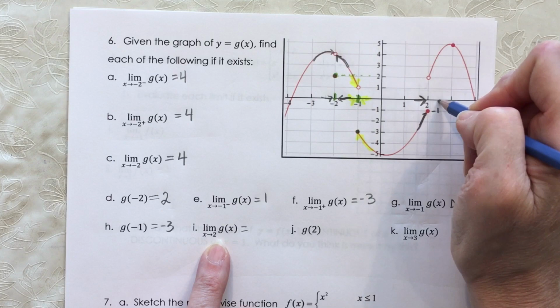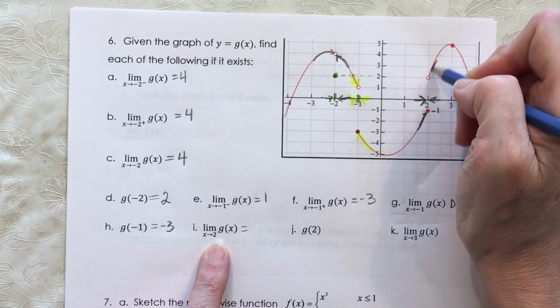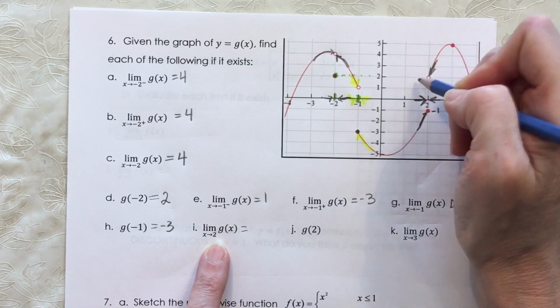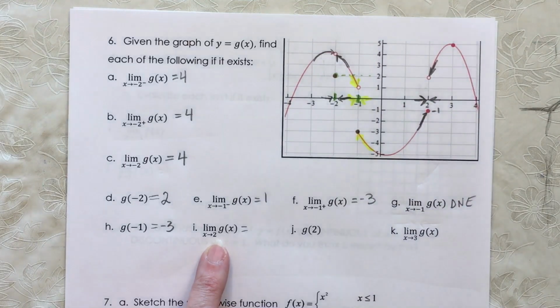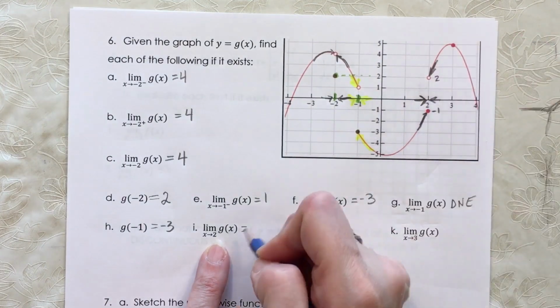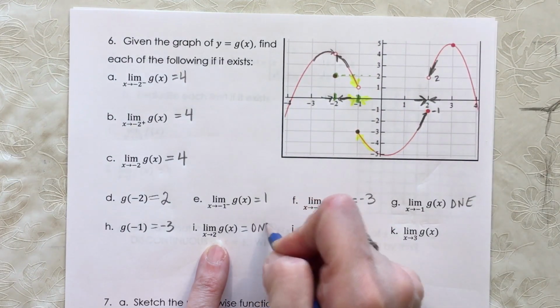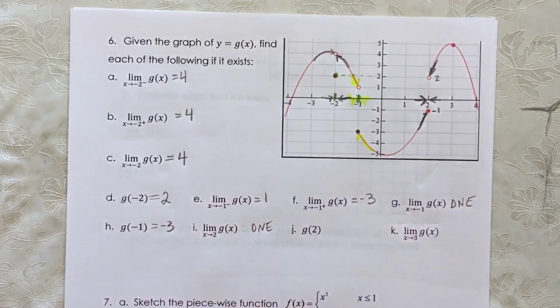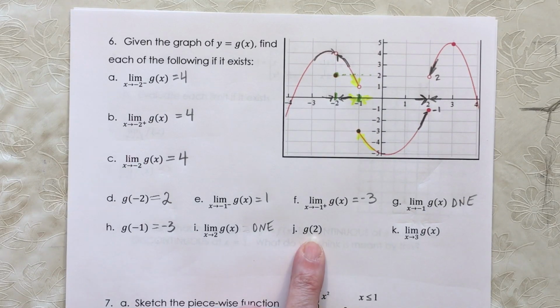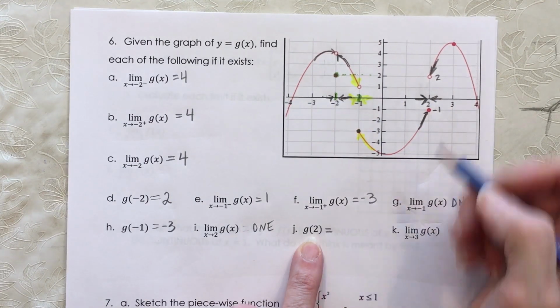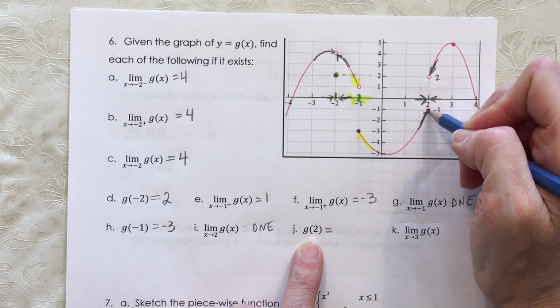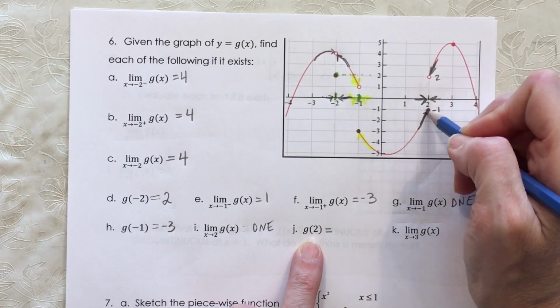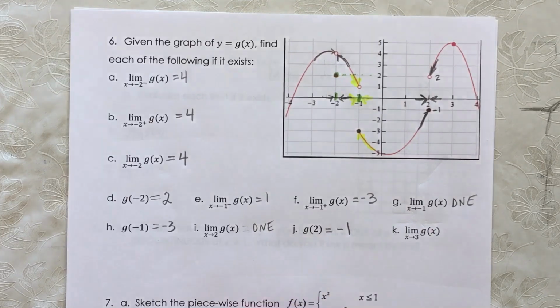And as x approaches 2 from the right, I'd be on this top piece of the curve, approaching +2. So the limit from the left and the limit from the right are not equal, so this limit does not exist. So it shouldn't really have an equal sign there. And then it wants to know what's the value of the function when x is 2. So when x is 2, the corresponding y value is where the closed-in dot is, so it's -1.